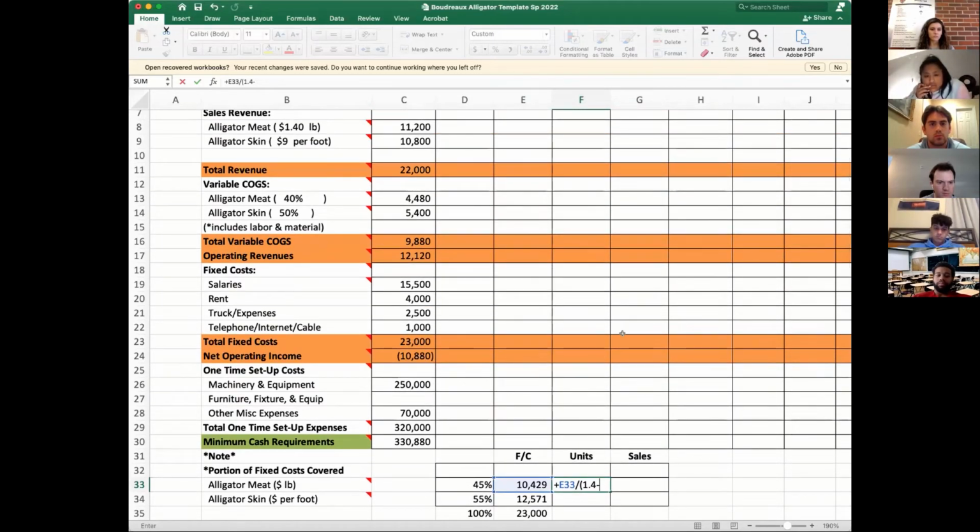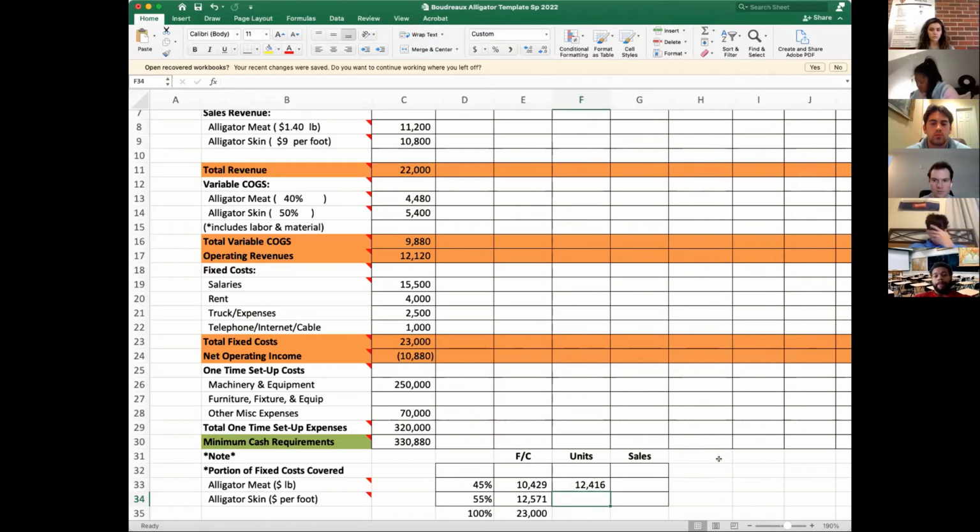So what we do is we do a bracket, and we say 140 times 0.4, right? And then we put another bracket to cover it all up. So we have 12,416 pounds of meat necessary to get to break even.